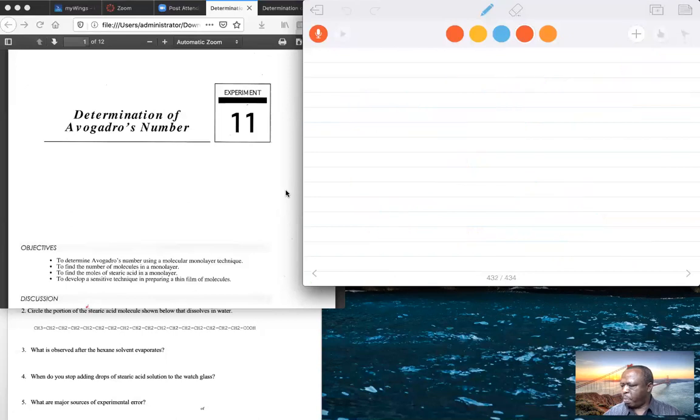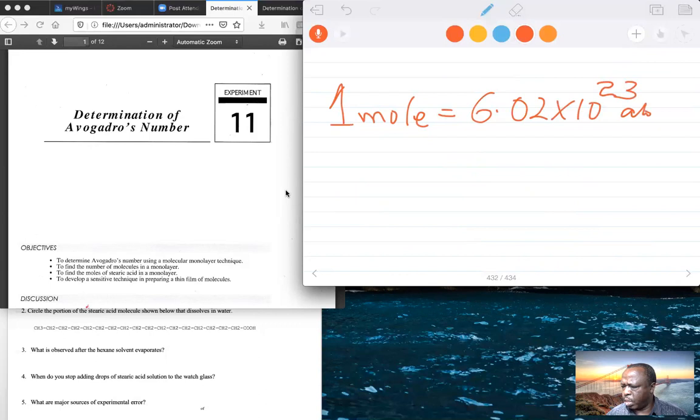You have used this before. It is a unit used by scientists to represent the number of things. One mole represents Avogadro's number of things, 6.022 times 10 raised to 23 atoms or particles.